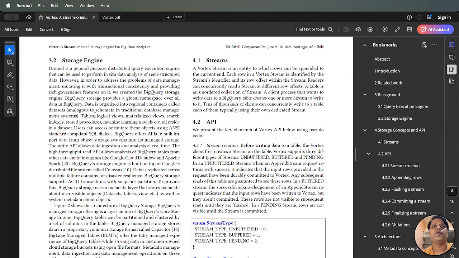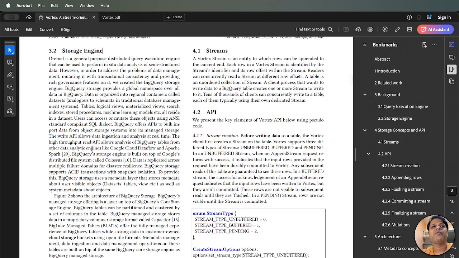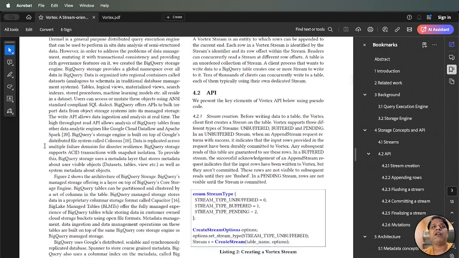If you have worked with BigQuery already, it has the concept called dataset, which contains all your tables and materialized views. And you use your APIs or SQL to perform work. So the write API is mostly for your real-time data ingestion and analytics. That is where all your Vortex works behind the scenes.